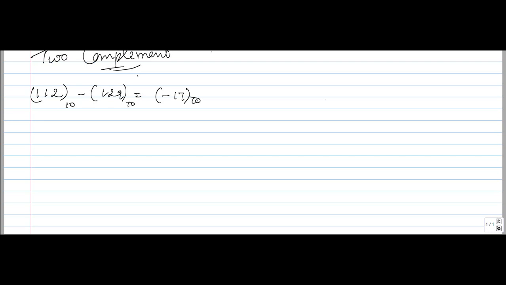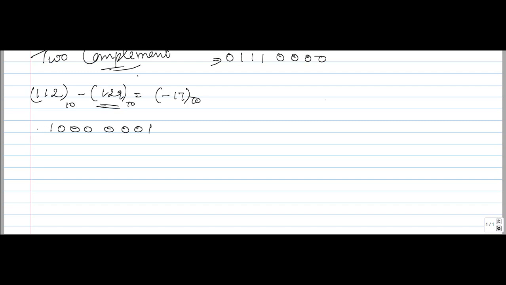So now the task is to subtract 129 from 112, which is a smaller number. So I'm supposed to get minus 17, right? This should be the answer I should be getting. So 112 is 0 1 1 1 0 0 0 0.